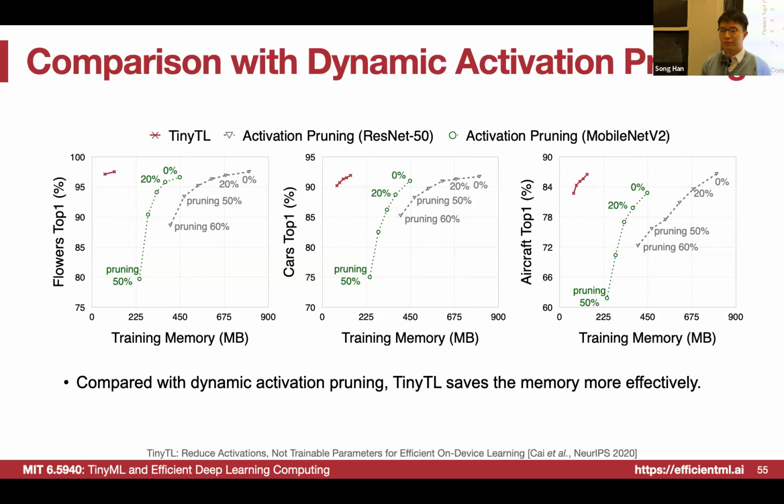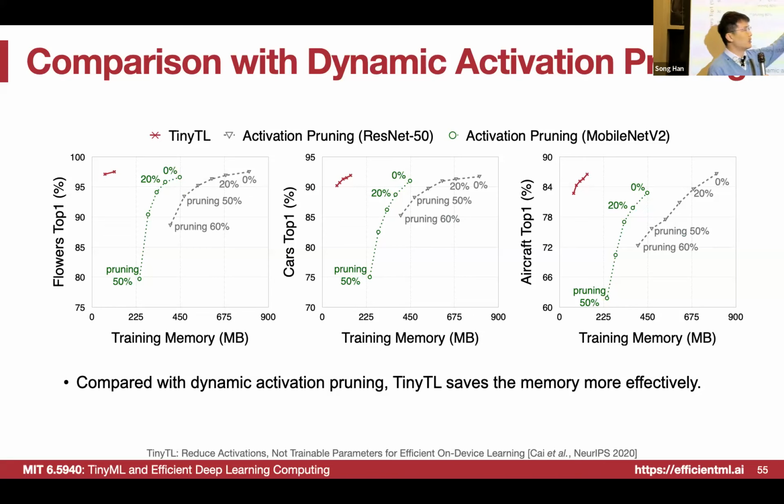How about activation pruning? Remember, we talked about the activation being the bottleneck for the training memory for CNNs. So we can also compare with pruning the activations, this is pruning the activation of MobileNet v2.